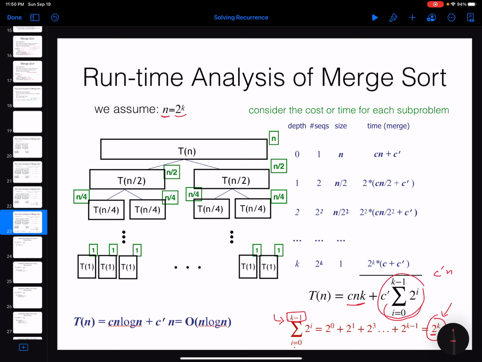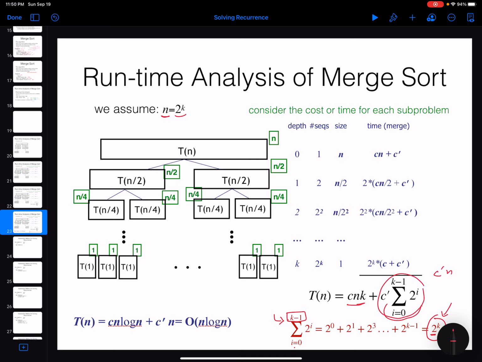Another approach to solve recurrence relations is to use the substitution method. It just depends on what problem you are solving. Sometimes you can simply use the substitution approach. Sometimes it is much easier if you use the tree.